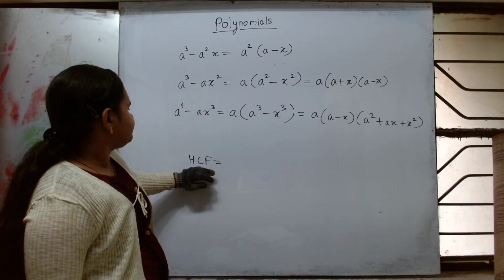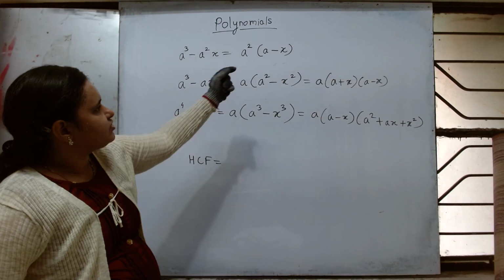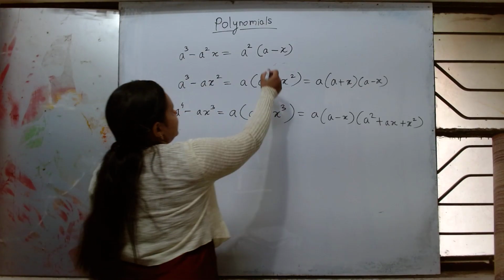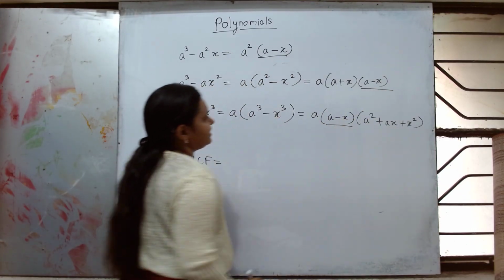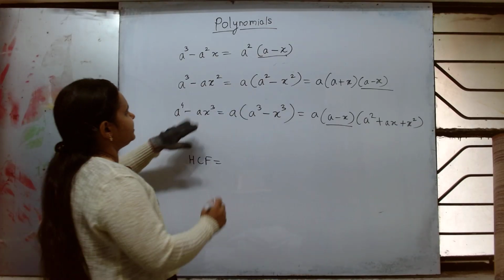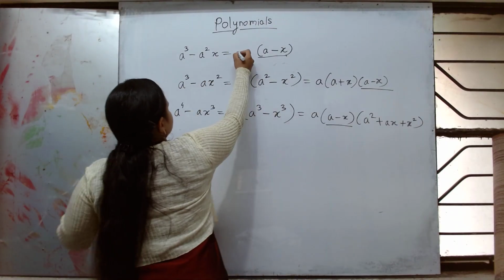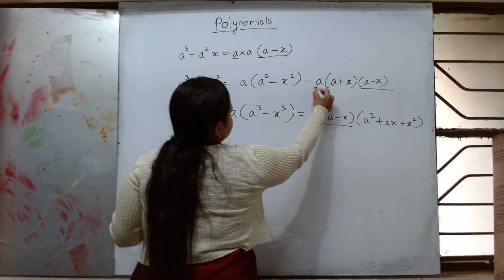Now for HCF we have to take the common from these factors. What is common? A minus x is common. Again a is common. If I write a square as a into a, a will be common again.